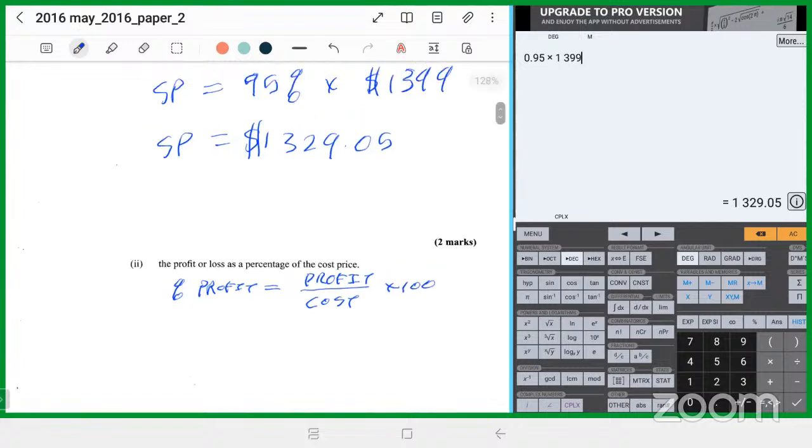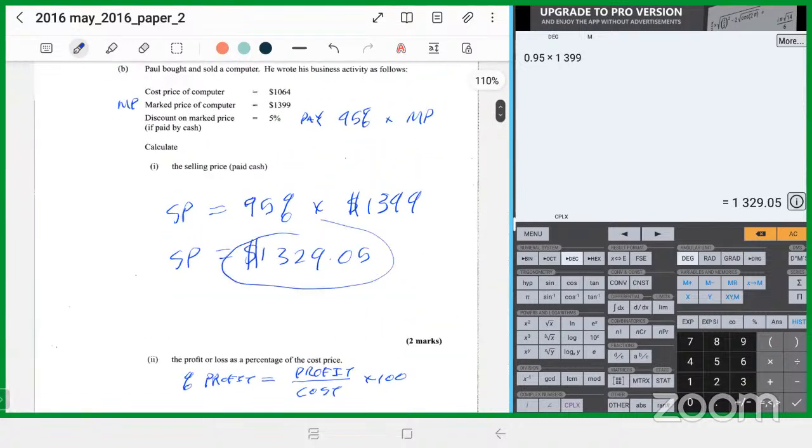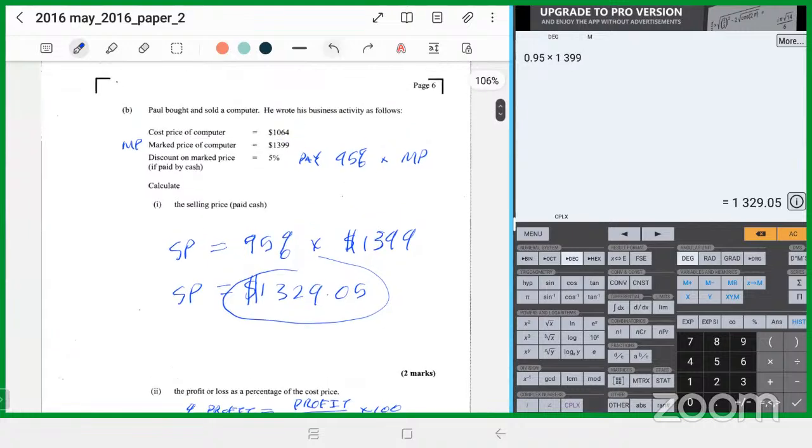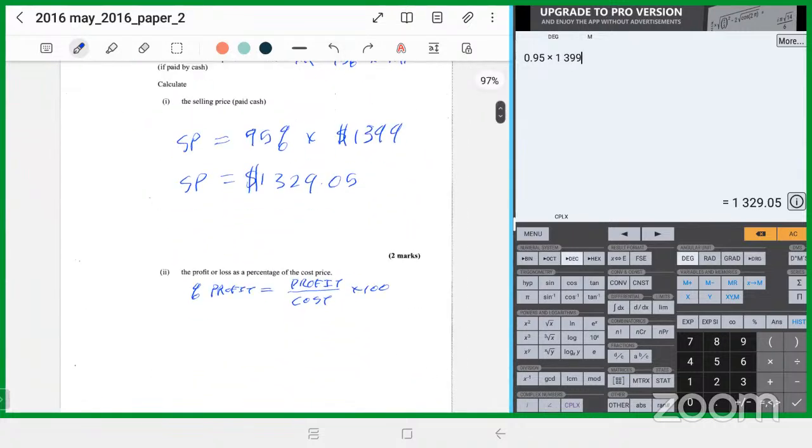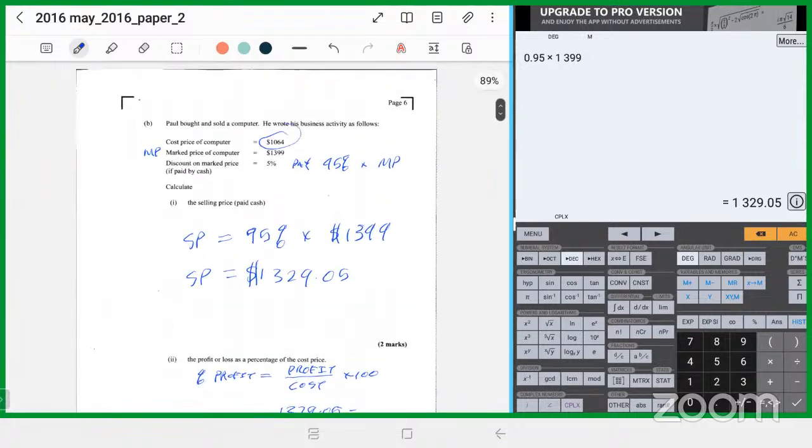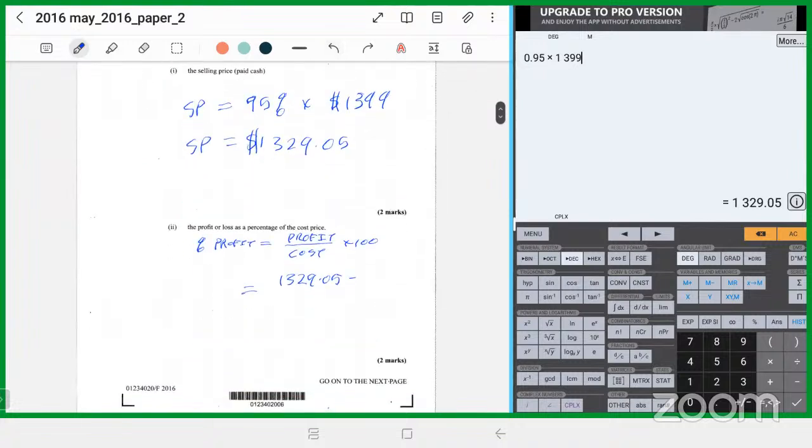The profit is the difference between the selling price and the cost price. That is the profit. So the selling price is 1329.05. And also the cost price is 1064. You divide that by the cost, which is this again.